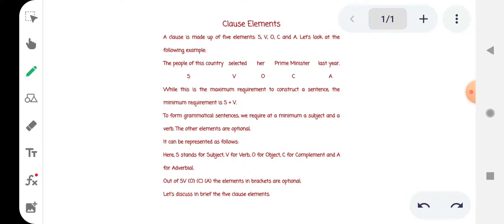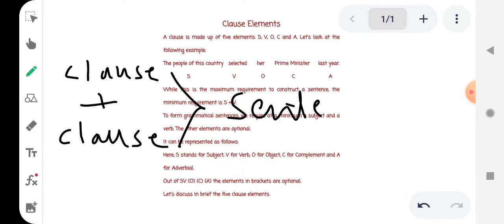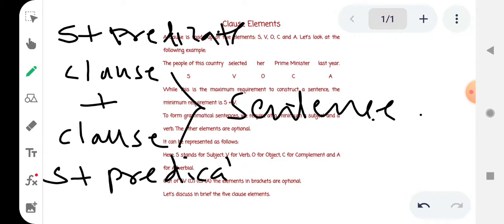When there are two clauses, a clause plus another clause also forms one sentence. That means in this clause there is a subject plus predicate, and in this clause there is a subject plus predicate structure.